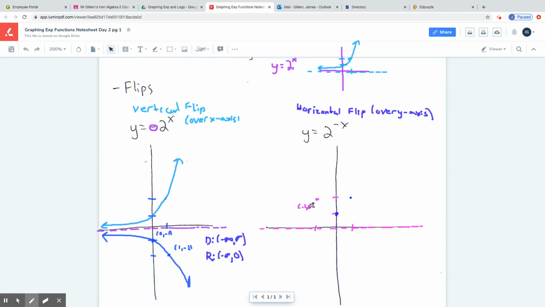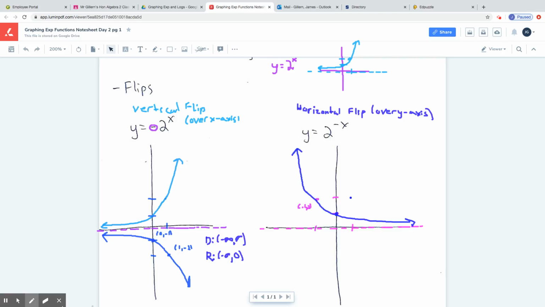So basically all I did was change the sign of the x-coordinate. Here, I was changing the sign of the y-coordinate. Here, I'm changing the sign of the x-coordinate. So then let's change the color here. It's not the best looking graph, but you get the idea. And there it is.